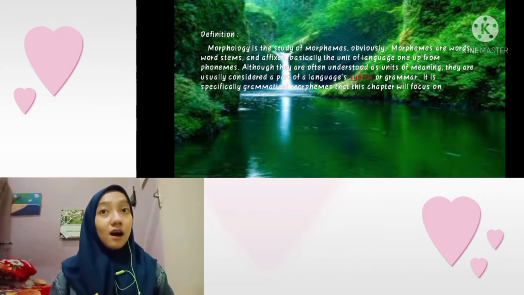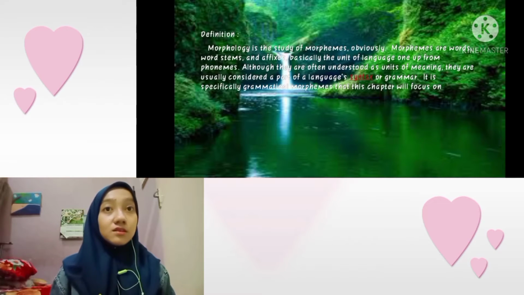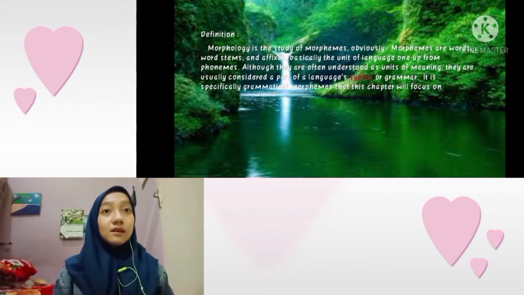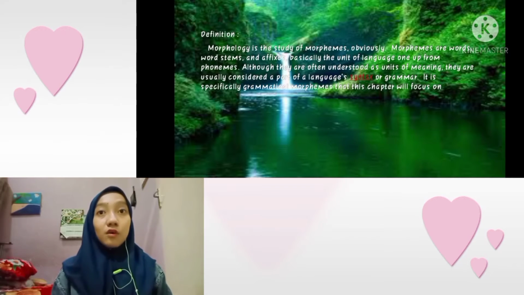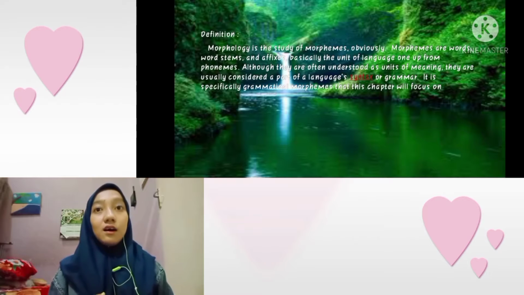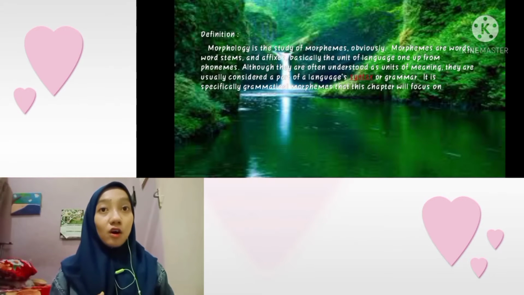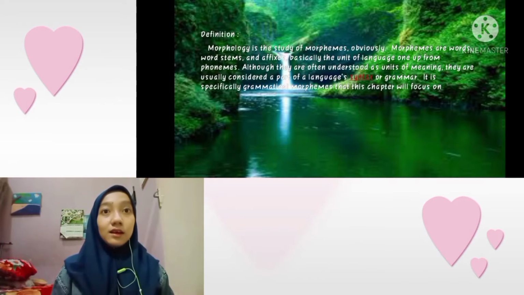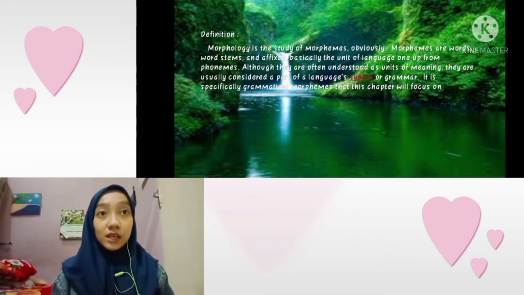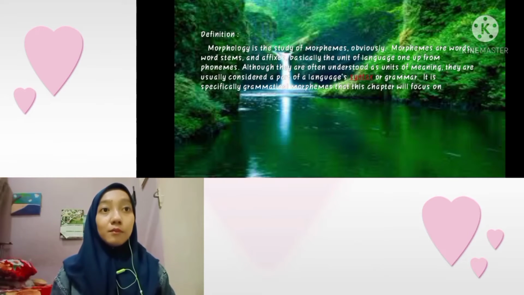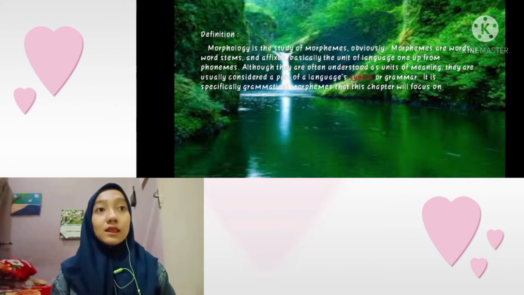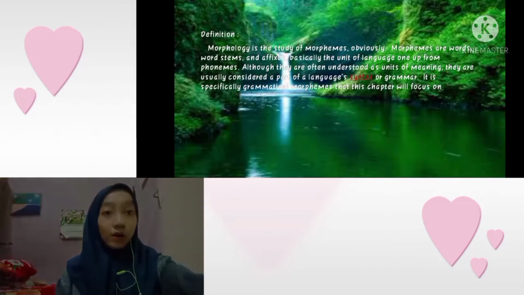Although they are often understood as units of meaning, they are usually considered a part of a language's syntax or grammar. It is specifically grammatical morphemes that this chapter will focus on.